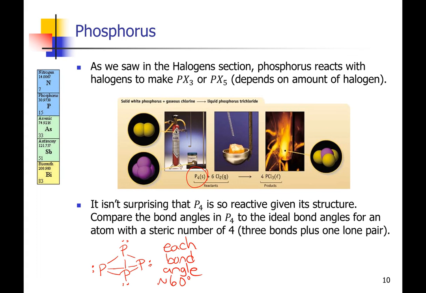Now, if we were to apply VSEPR theory to each of those phosphorus atoms, they are each in the tetrahedral electron group family.